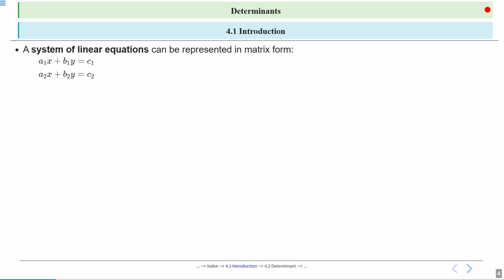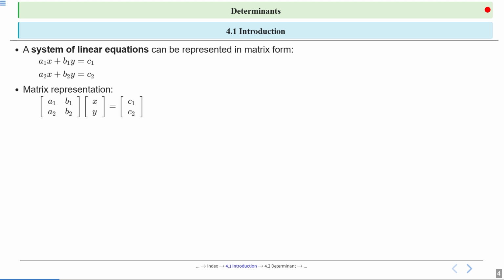Okay. So at first, suppose a system of linear equations is given like this: a1x plus b1y equal to c1, a2x plus b2y equal to c2. We can represent it in matrix form. What is the matrix representation?